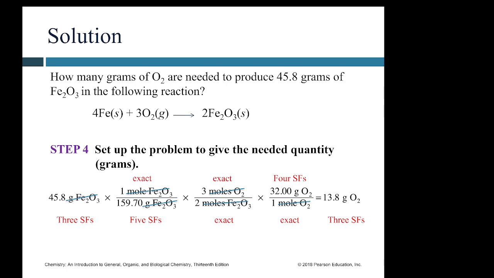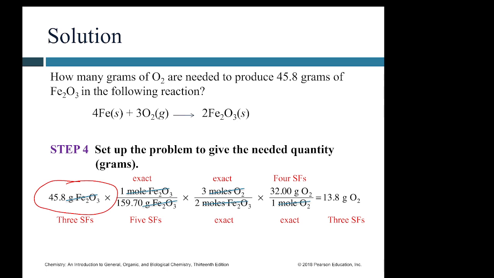All right. So the next thing we're going to do is assemble everything. We start in grams here because that doesn't have anything over it. We're going to take that and divide it by the 159.7 grams per mole because we want to get into moles of Fe2O3 and out of grams.